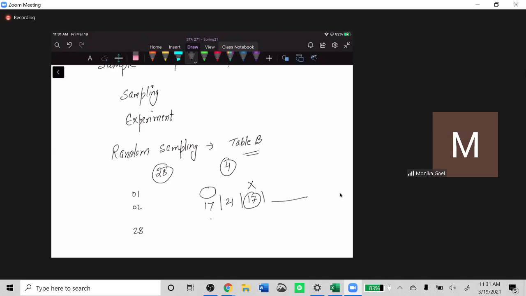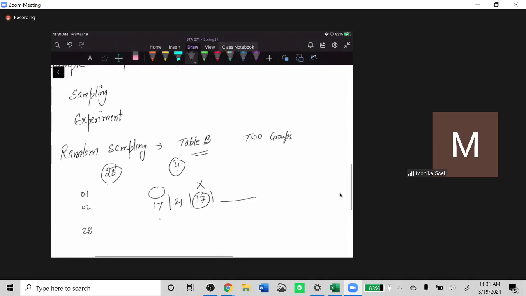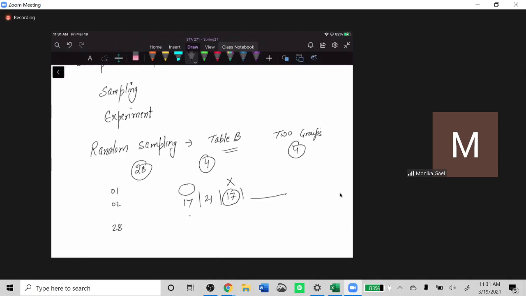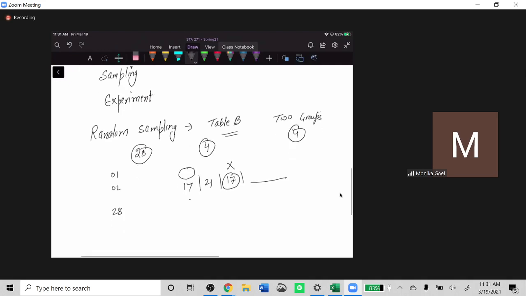Let's say the question is asking me to select 2 groups or 3 groups, each a sample of size 4. It is the same way, and again, it depends upon what the question is asking you. If you're selecting 2 groups, you can select the first group.